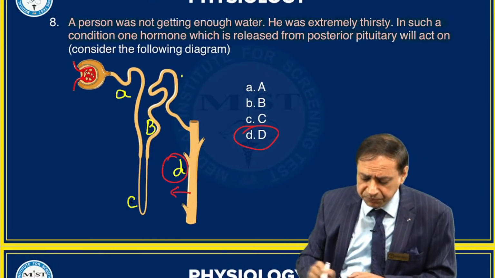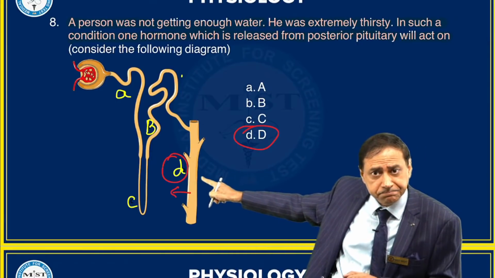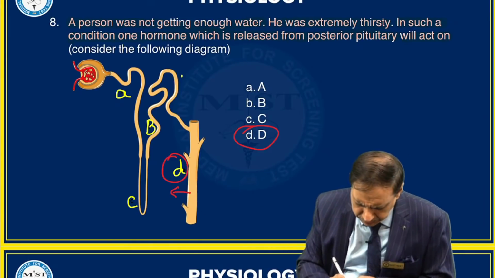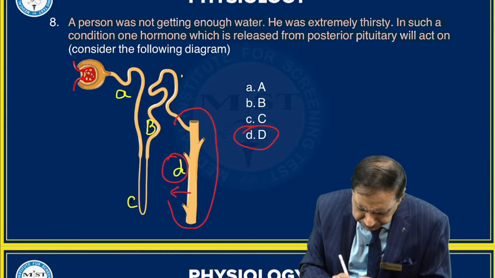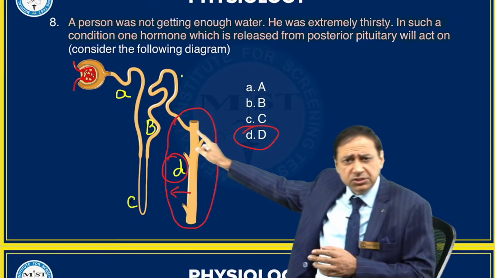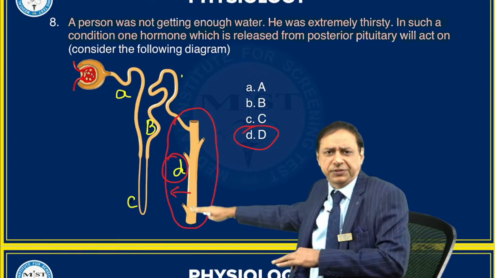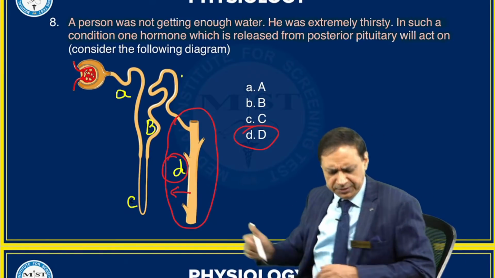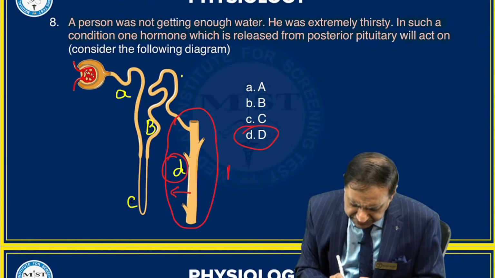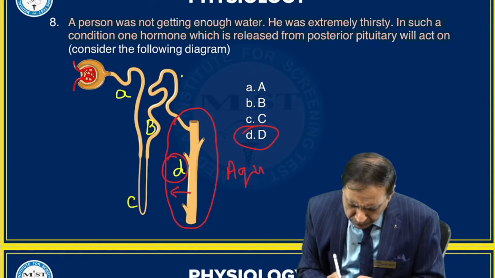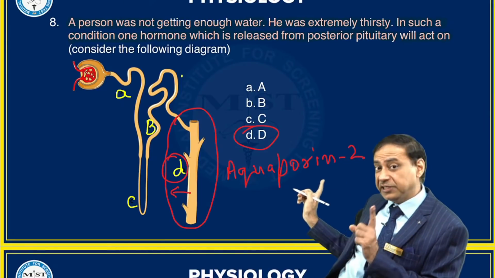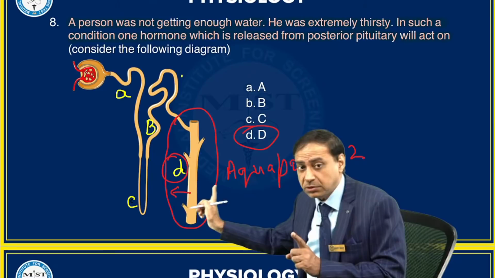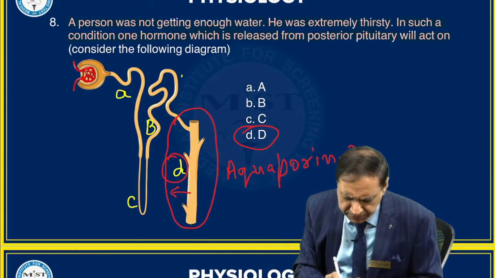It will be reabsorbed from this portion, or to be more precise, from the collecting duct, collecting tubule, late distal tubule. In this portion, ADH will activate aquaporin 2. So water will be reabsorbed, and the answer here is very clear cut.